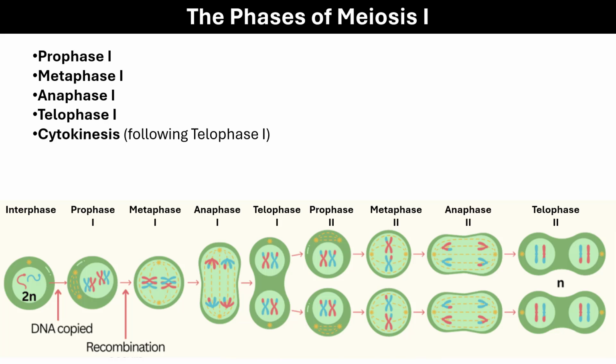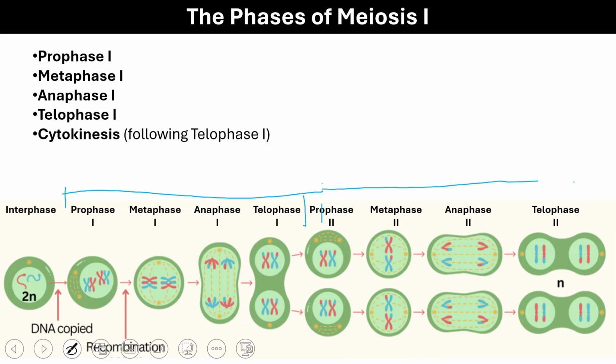Just like mitosis, meiosis also has prophase, metaphase, anaphase, telophase, and cytokinesis. But they happen twice. That's why first set of events are marked as 1 and second set of events is marked as 2. Now let's look at what happens in each of these stages of meiosis.